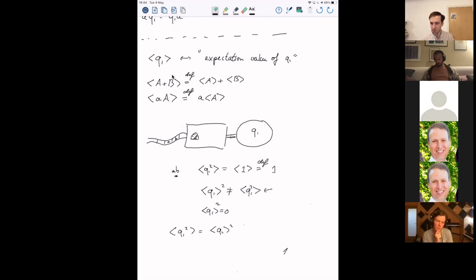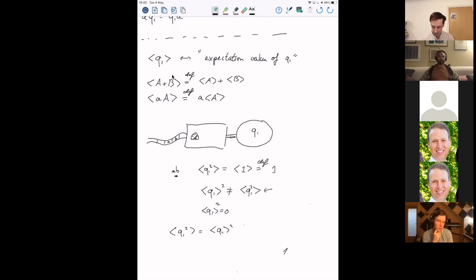You must with certainty have measured the expectation value of the qubit. And because of the algebra of the Q numbers, you can now determine when this is the case. You can determine for which expectation values you know with certainty what you will measure the qubit to be.